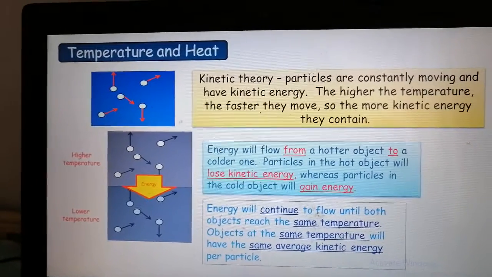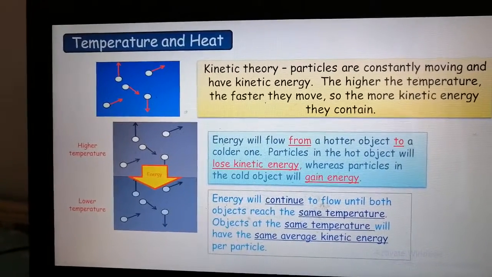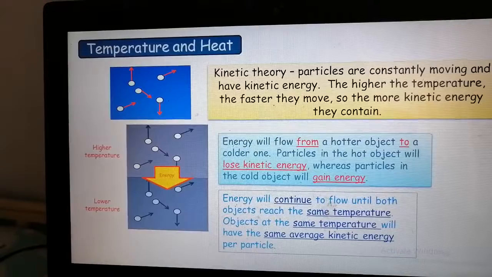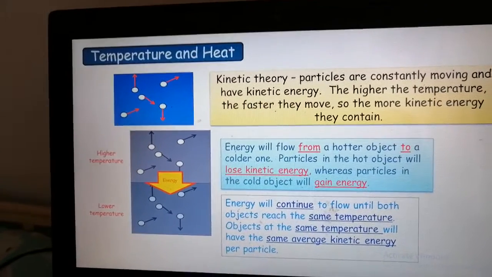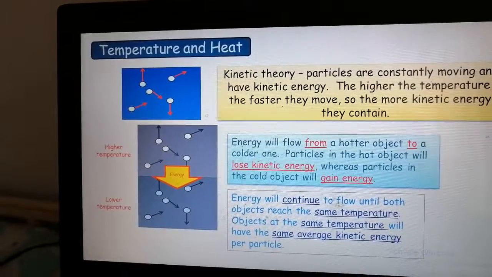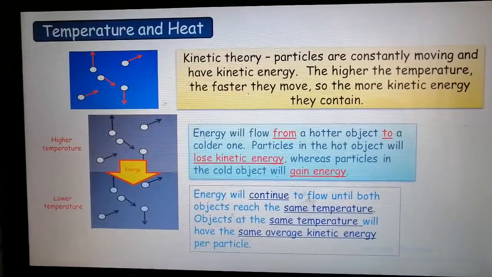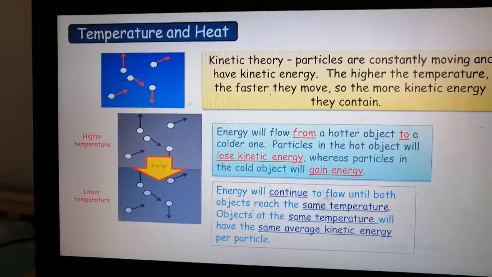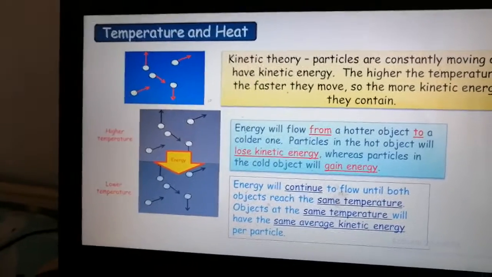For example, in a solid the particles vibrate. When we give energy, they vibrate faster. In other words, when we increase the temperature, or when the particles gain energy, which is heat, they will move faster, meaning that they will expand. When they lose energy, when they lose heat, they will contract.